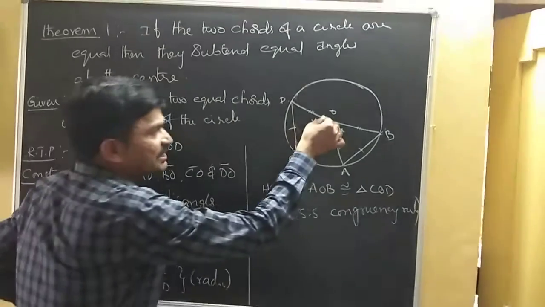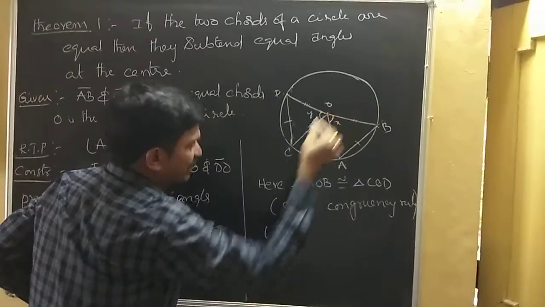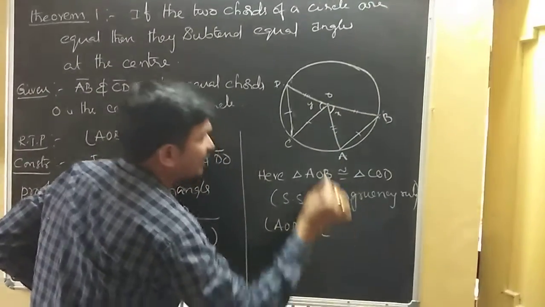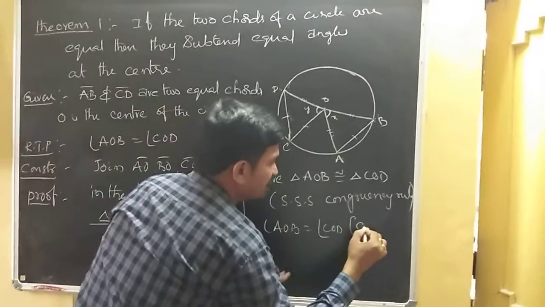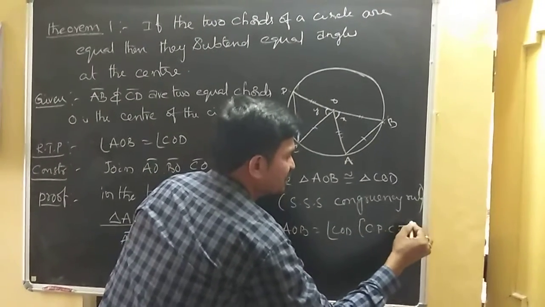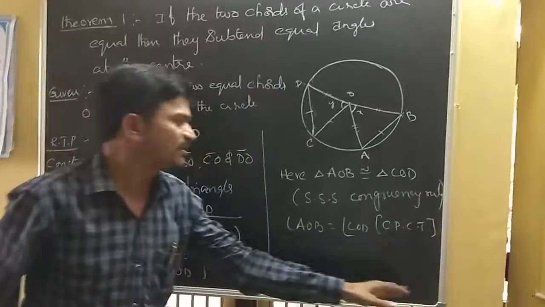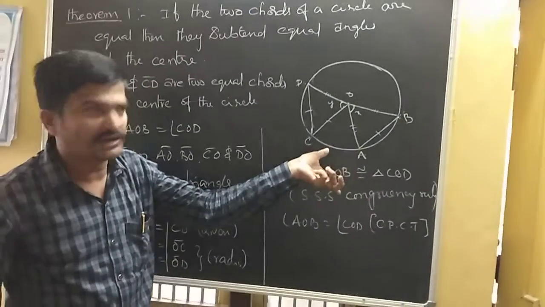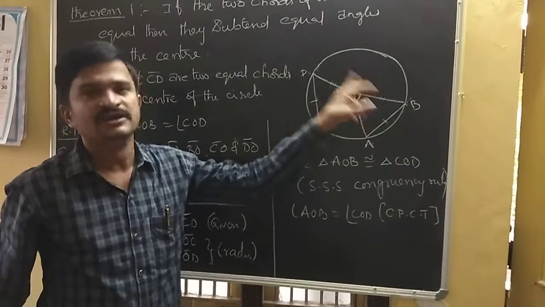So we can say that angle AOB, this is the angle, is equals to angle COD. How? CPCT means what? Corresponding parts of congruent triangles. So as these two triangles are congruent, then we can say that angle AOB equals to angle COD.